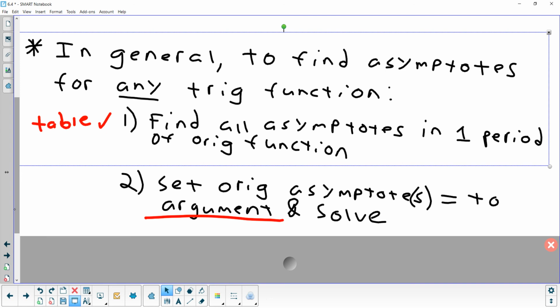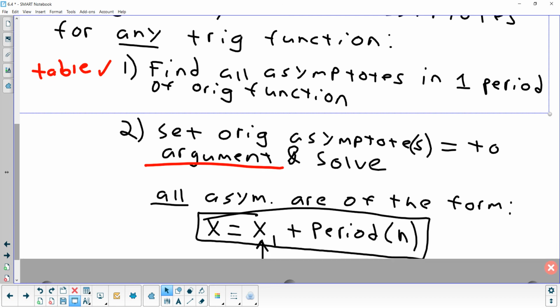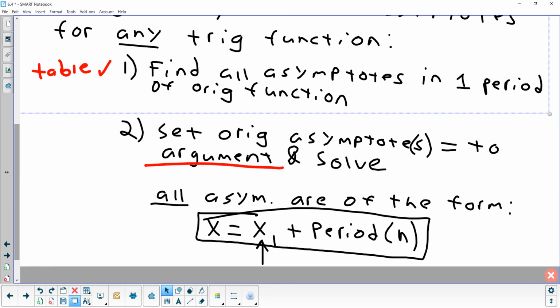That will tell you where the new asymptote is. Now what step 2 does is it tells you where 1 asymptote is. But that's all you need. You just have to tell me where 1 asymptote is, and then tell me that that asymptote repeats every cycle.